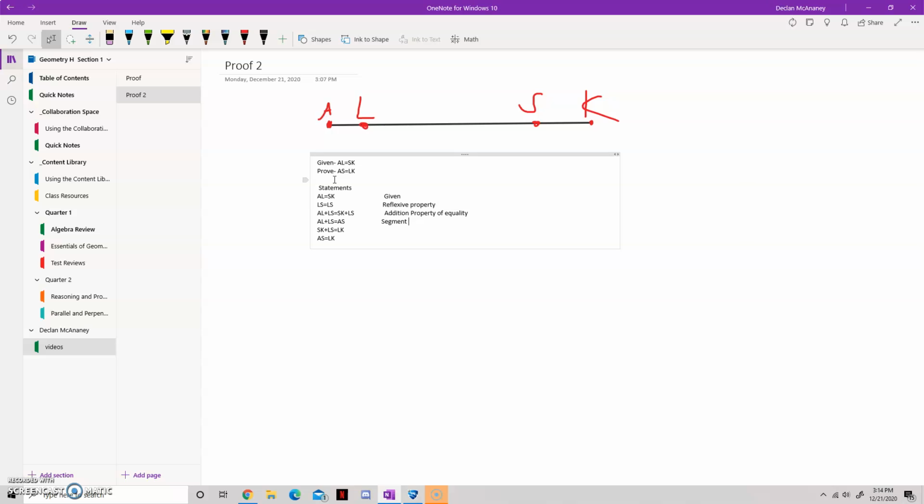This postulate states that if we are given 2 points on a line segment, the line segment AC, for an example, I'll use the letters A and C, and a third point B lies on the line segment AC if and only if the distances between the points meet the requirements equation, like AB plus BC equals AC. So we see LS plus AL equals AS. This would meet the standards.